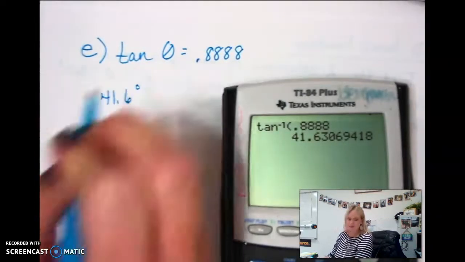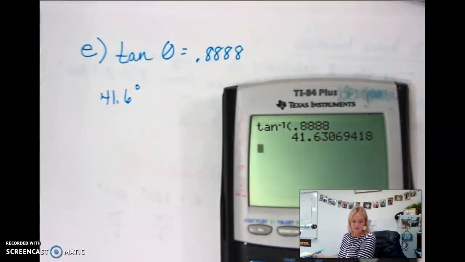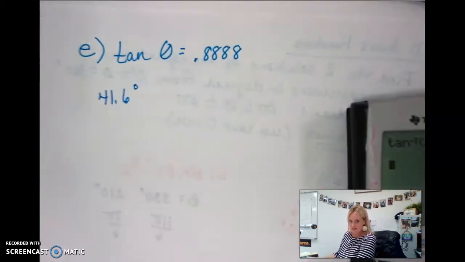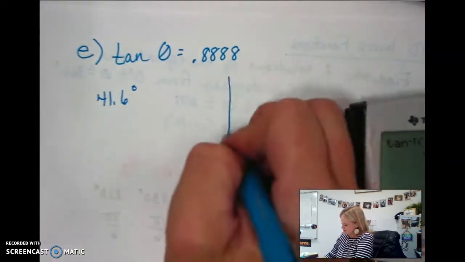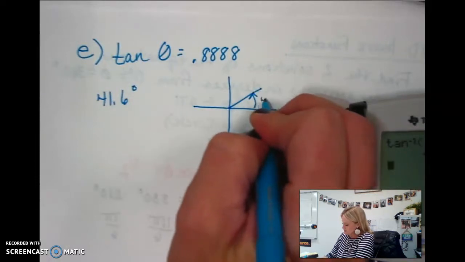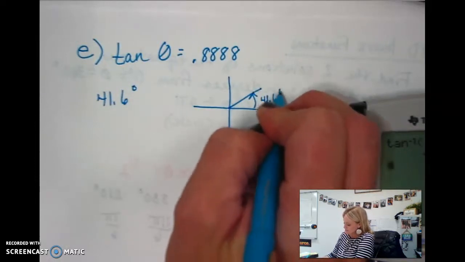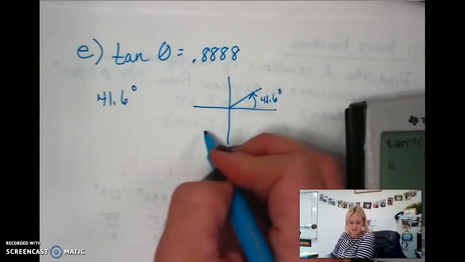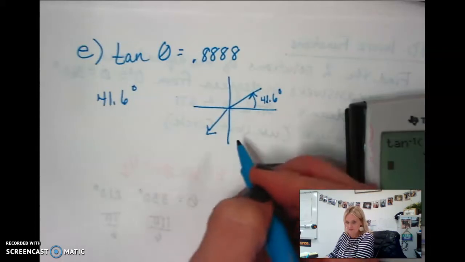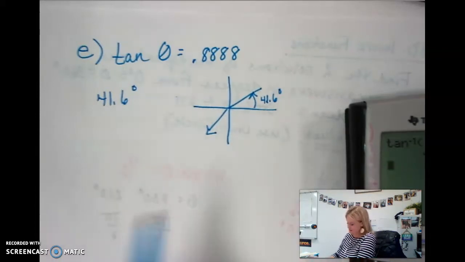Now, remember, we need two solutions. So where do I find my other solution? Well, think about, when is tangent positive? Tangent is positive here at 41.6 degrees, and tangent is also positive down here in quadrant 3. So how do I find that particular angle?